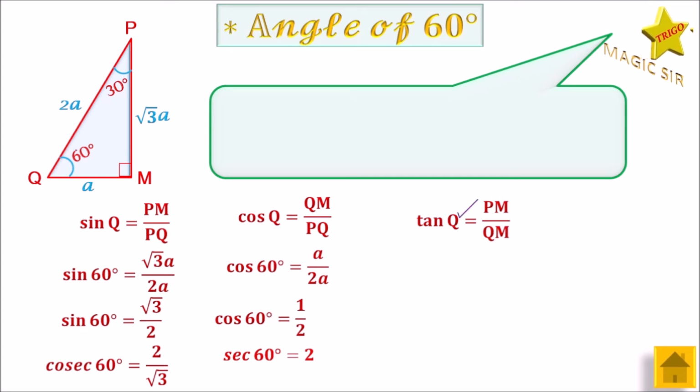Now by definition, tan Q is equal to PM upon QM.